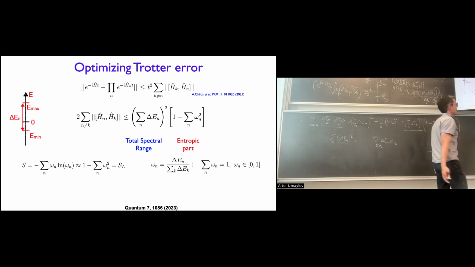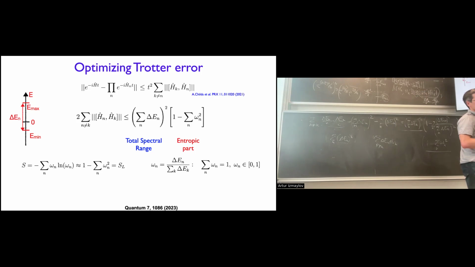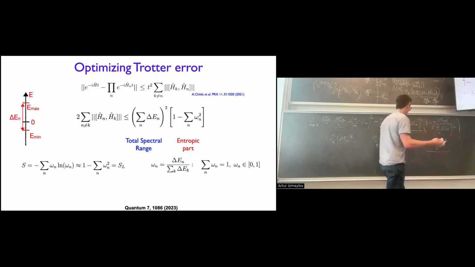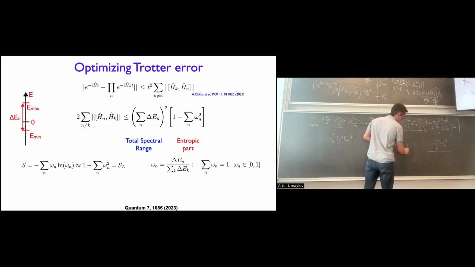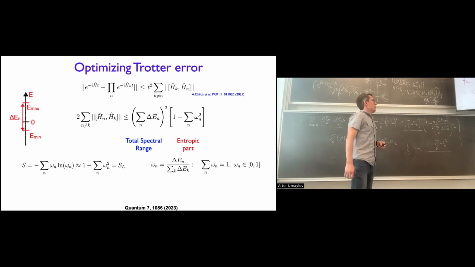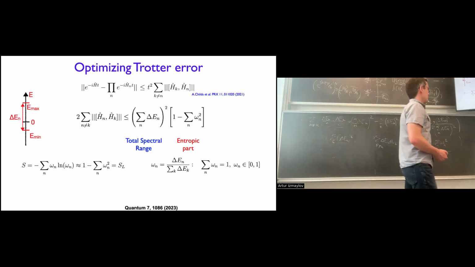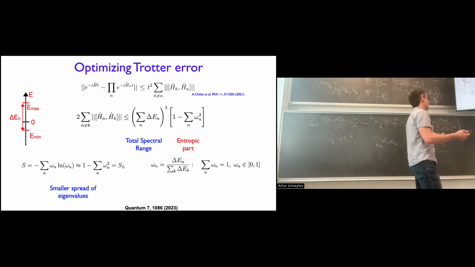So the worst-case scenario, for this part to be the largest, is when all the omegas are equal, right? So it makes it like 1 over n for the omega, and that's the worst-case scenario, with the two factors again, that we have a total spectral range.